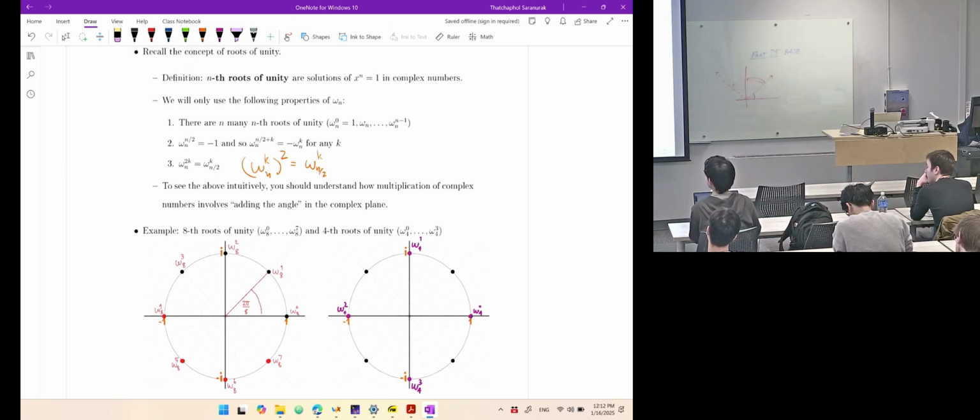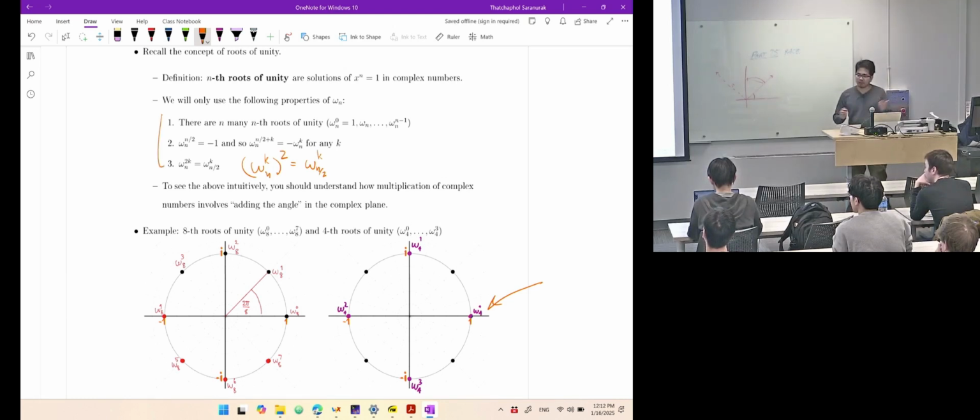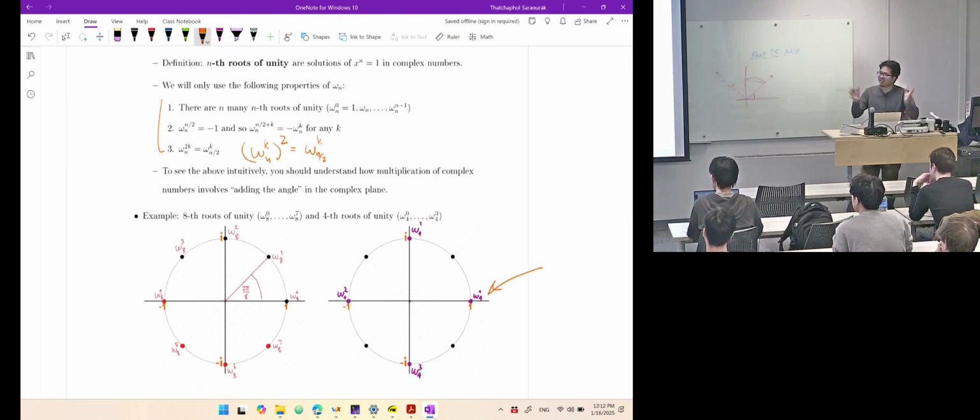For example, omega 8 squared is just omega 4 to the 1, and omega 8 to the 6 is omega 4 to the 3. At least this example verifies the properties that we want, but look it up if it doesn't make sense.